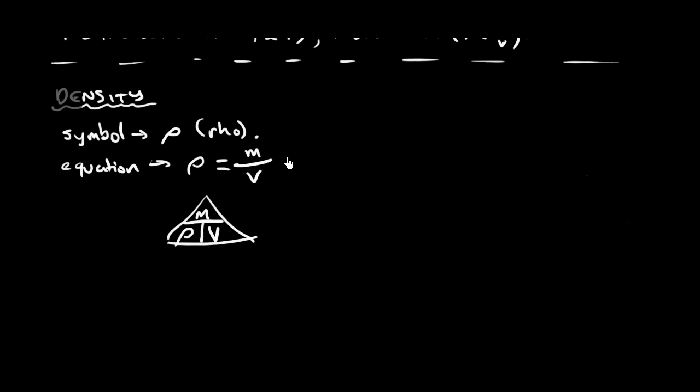Okay, so let's translate this into words first. So according to this, we have that the density of something is the mass per unit volume. Okay, so the units of density, the most popular ones that you'll be asked to leave your answers in, depending on what the question gives you, will be, well, for mass it's kilograms, right?